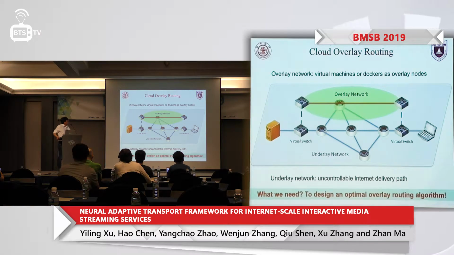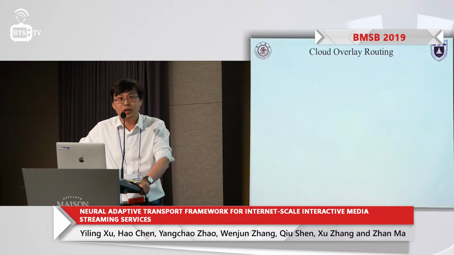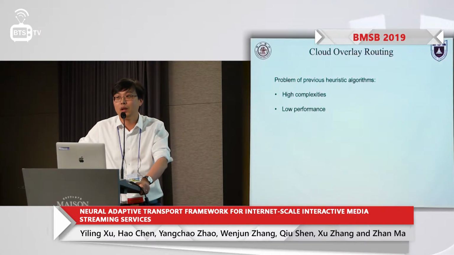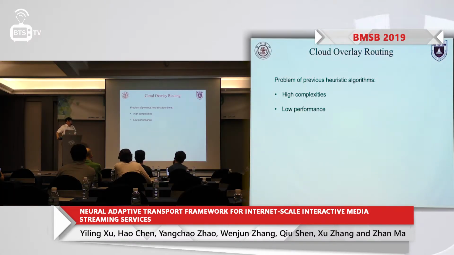This is also supported by the very famous triangle inequality violation in networks. When you have this network deployed, the direct path often is not the shortest path with the highest performance, so you can choose different routing. Many people in the past tried to resolve this routing problem using heuristic algorithms.